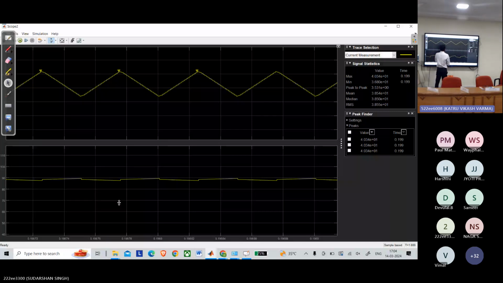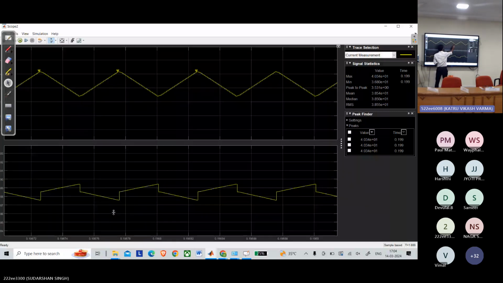So as I said, what is the peak to peak value? The peak to peak value is 3.53 ampere. And if you remember, what was our output current? V0 is 96 volt, and your R0 is 4.6.